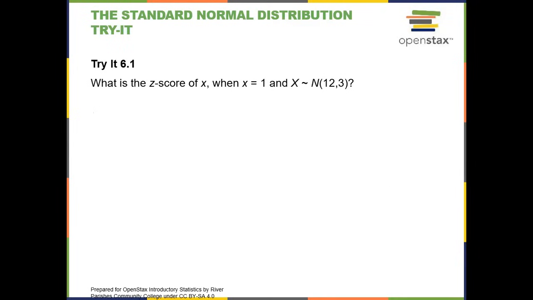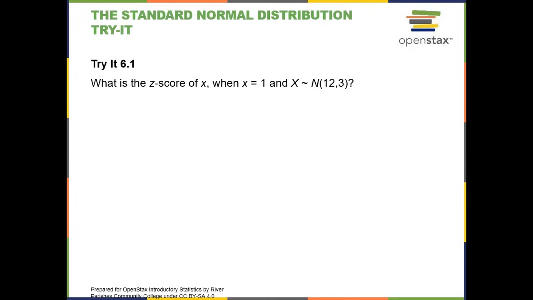So we can find the z-score for x equal to 1 when capital X is a random variable that follows a normal distribution with mean 12 and standard deviation 3. So what will you do? You will open your calculator, put the left parenthesis. First is the small x value, which is 1, minus the mean, which is 12.